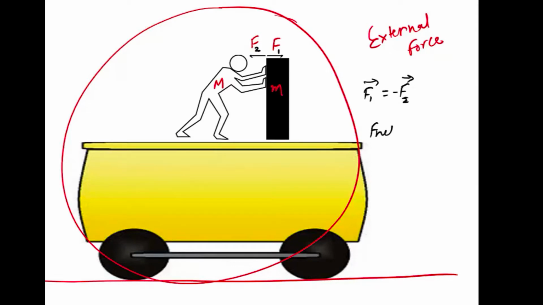In this case, F net on the system turns out to be 0. However you want to interpret it, the answer is the same: the trolley will not move because of the force applied, because there are no external forces on the system. These are internal forces, and internal forces cancel each other. So there is no net force on the system.